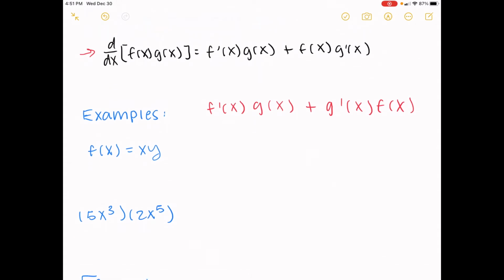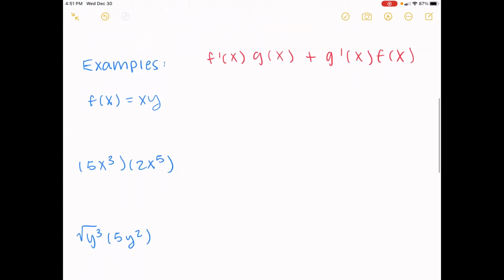I can switch the g of x and the f of x, or I can even do f of x times g prime of x first, plus f prime of x times g of x. But just know I'm going to be following this formula more closely. Since it's addition, you can really switch it around, so you don't have to be super rigorous about trying to memorize the formula.